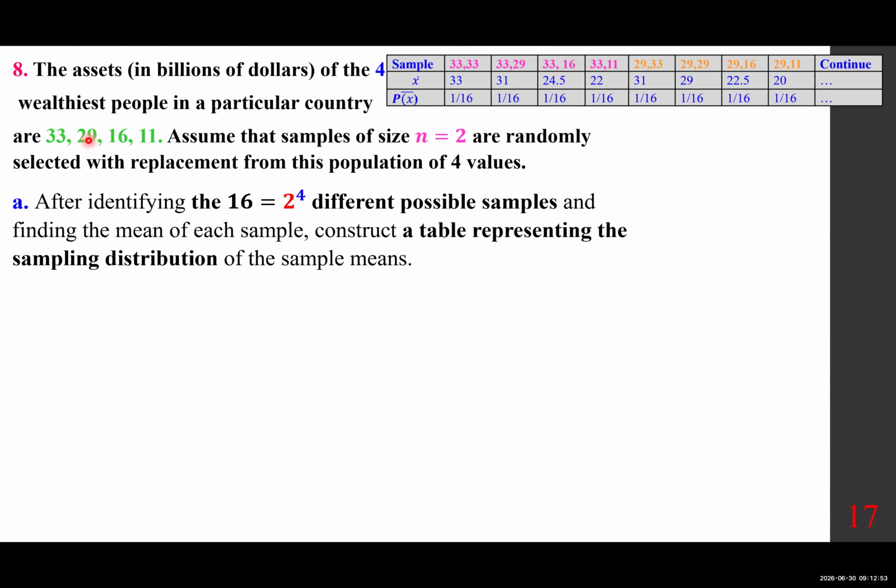Then you move on to number 29. 29 with 33, 29 with 29, 29 with 16, 29 with 11. Then you move on to the next one. You continue. So I've shown the first 8 and how you arrive at it. So for example, 16 with 33, with 29, with itself, with 11, then 11 with 33, with 29, with 16, with itself.